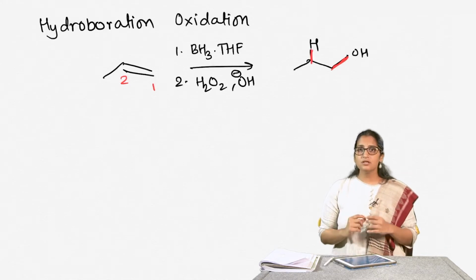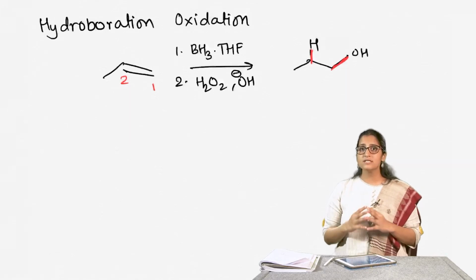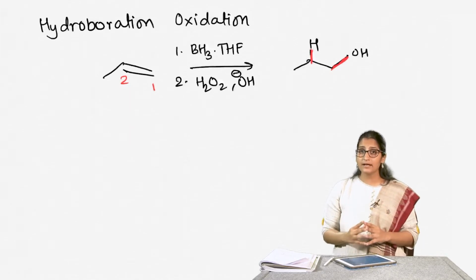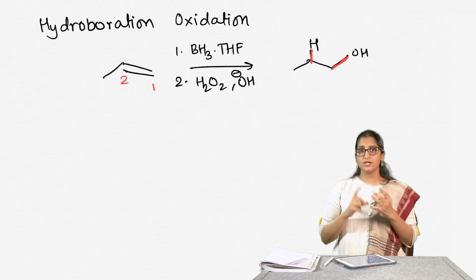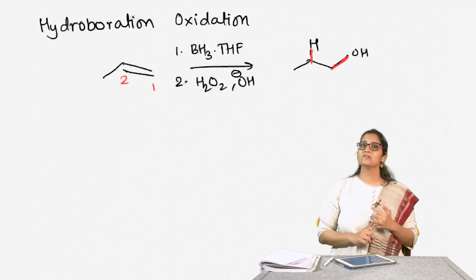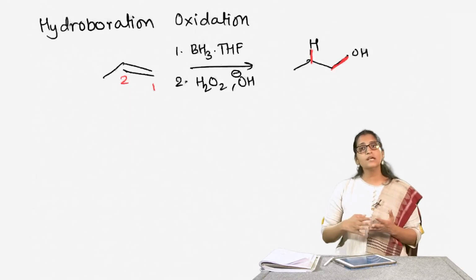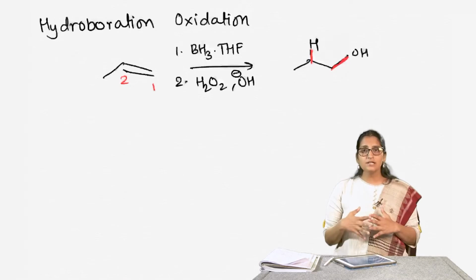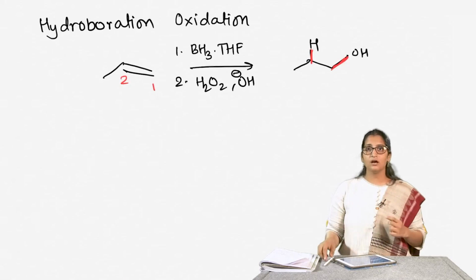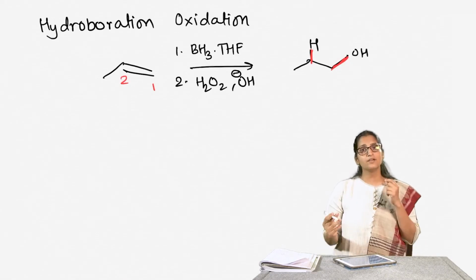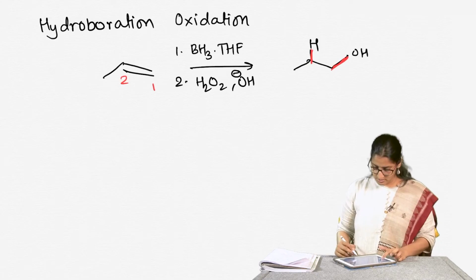Hydroboration oxidation is one of the valuable methods that gives us really good selectivity in terms of regioselectivity as well as stereoselectivity while we are converting alkenes to alcohols. So now let us look at an example to really understand what this regioselectivity and stereoselectivity is.